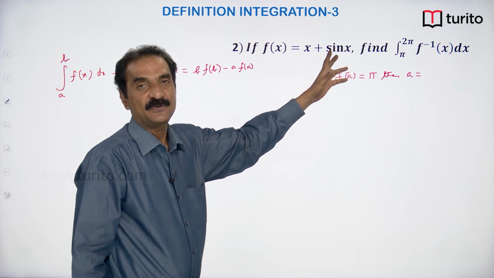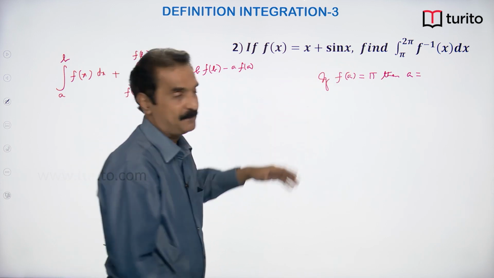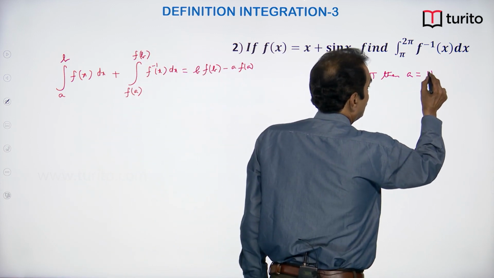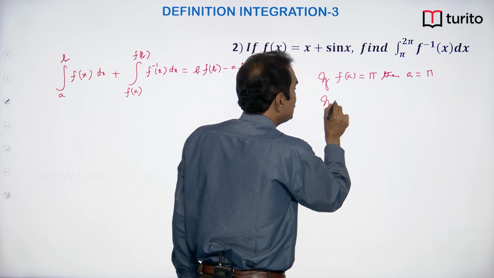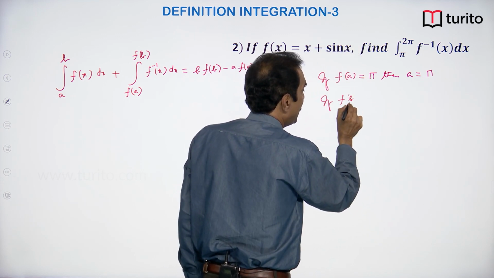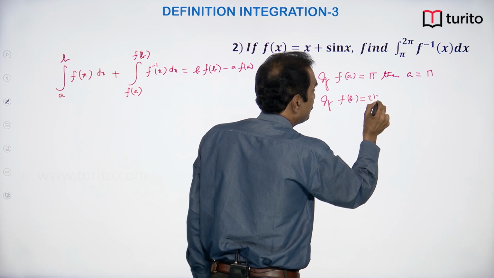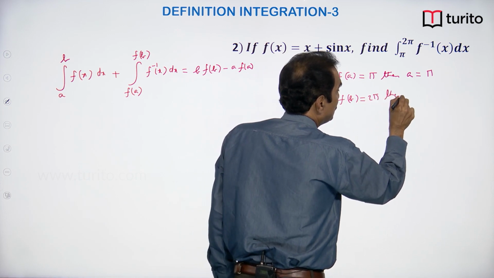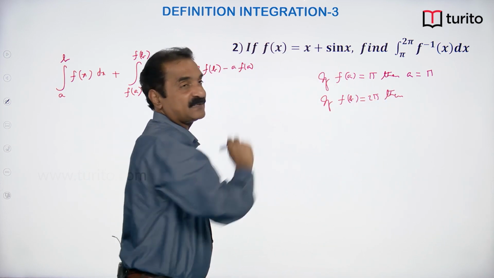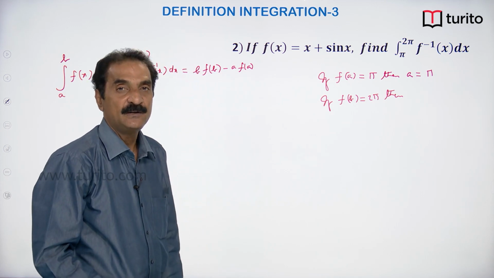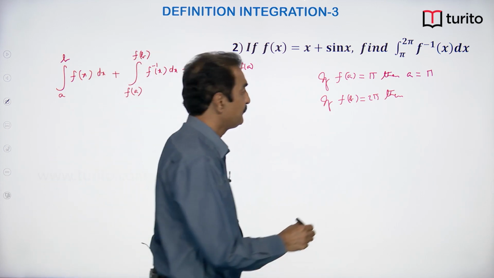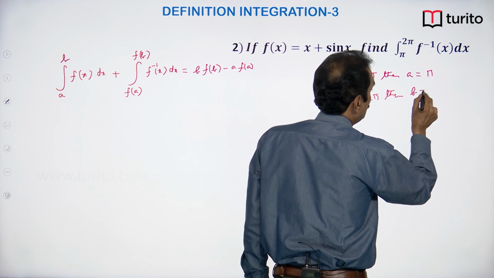Then you can easily observe that the value of a must be pi. And if f of b is equal to 2 pi, then b plus sin b is equal to 2 pi, then the value of b should be 2 pi.